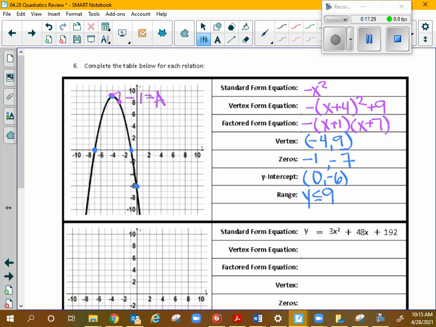Now, if I'm trying to find my standard form, I could use either the vertex form or the factored form a little faster. So, if I have x and x, x squared, 7 and 1, so how many x's in the middle? 8, but then it's negative, so -8, and then 7 and 1, but then it's negative.